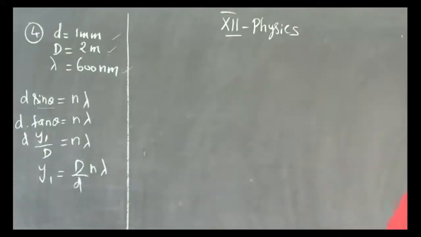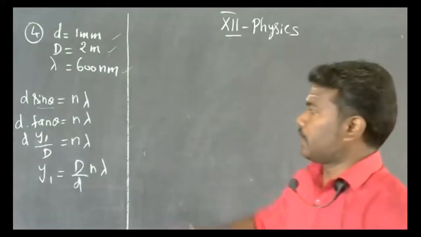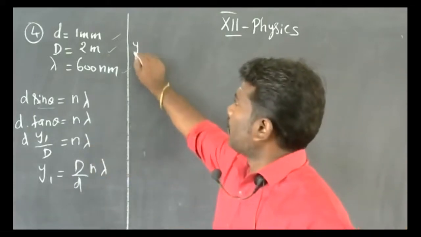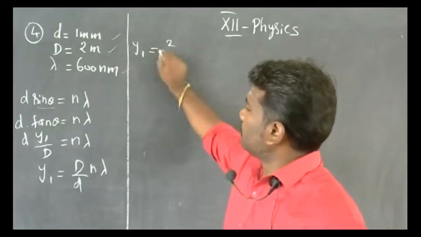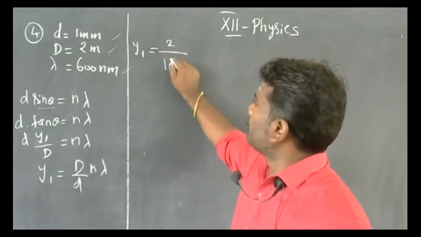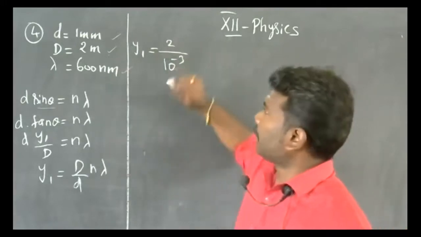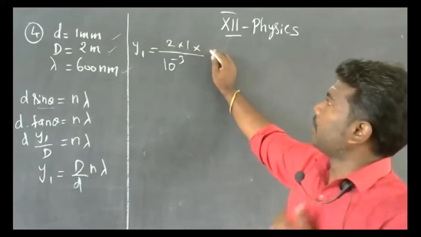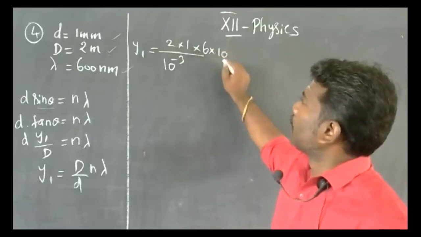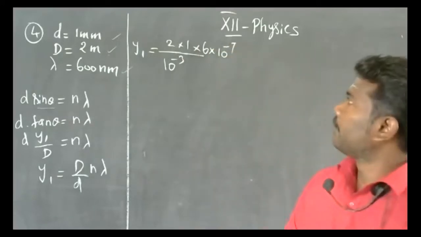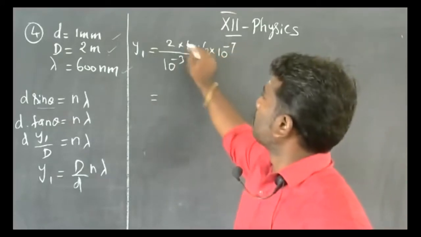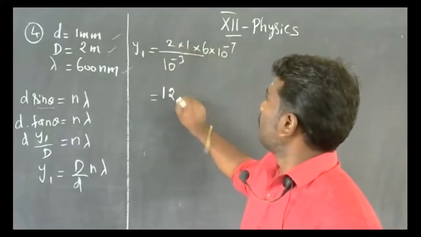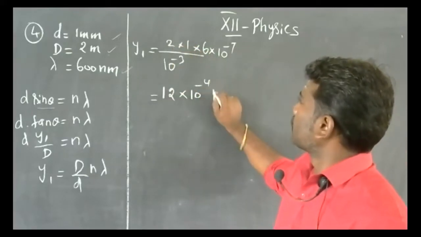What is the n value? First dark fringe, so we can take the n value as 1. y1 is equal to 2 divided by 1 millimeter, 10 power minus 3, for n equal to 1, times the lambda value 600 nanometer, 6 into 10 power minus 7. Simplifying this, we get 12 into 10 power minus 4 meter.